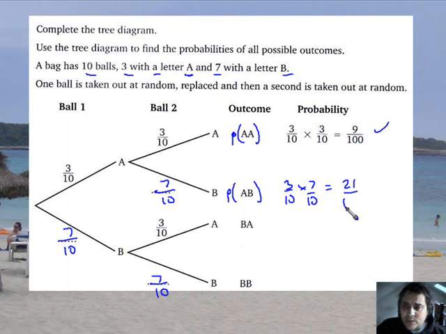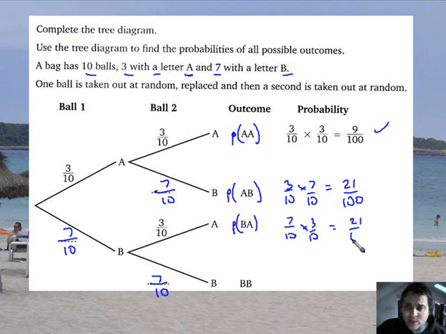Well, that's 21 over 100. Next one, probability of getting a B followed by an A, that's 7/10 followed by 3/10. Again, 21 over 100. And the probability of getting a letter B followed by a letter B is going to be 7/10 followed by another 7/10, 49 over 100. And that's all there is to it.